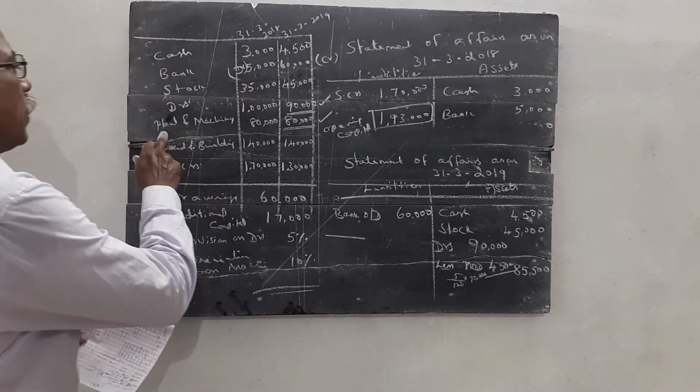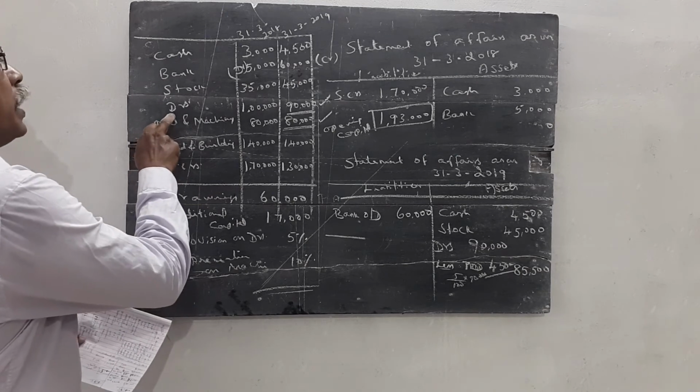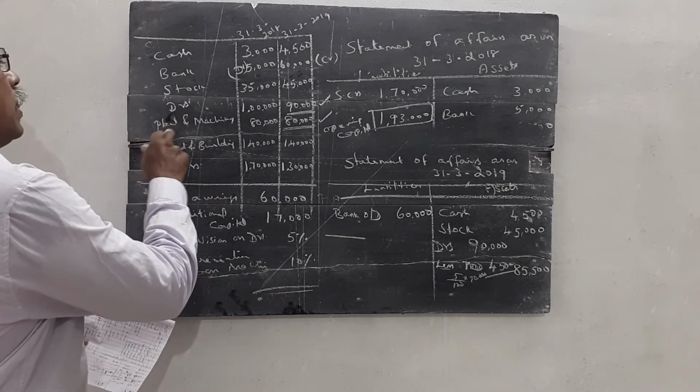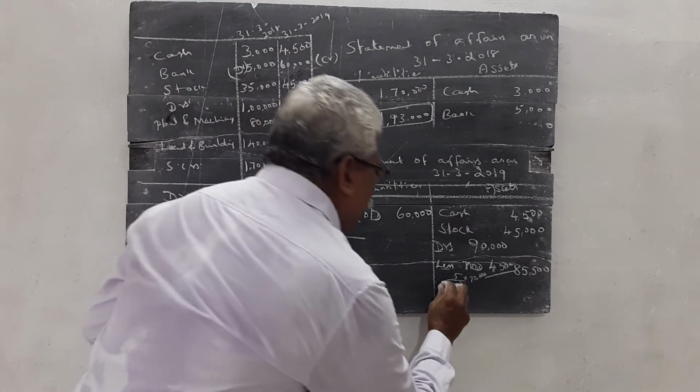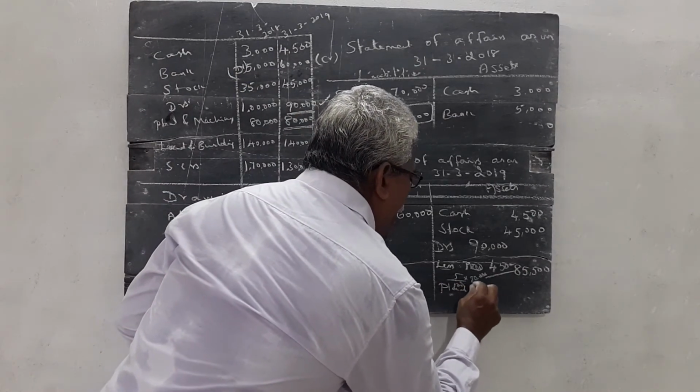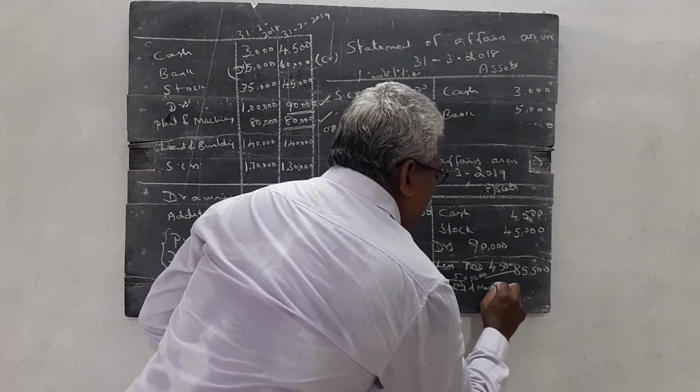Up to debtors we have completed. Then plant and machinery 80,000.